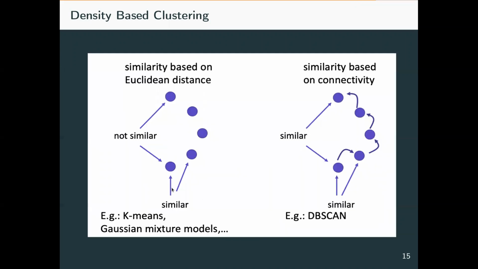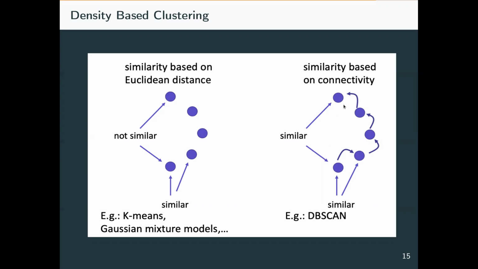For example, here, this is also taken from the notebook. With the classical Euclidean similarity measure, you would say that these two are not similar, just because the Euclidean distance, which is this line here, is kind of large.